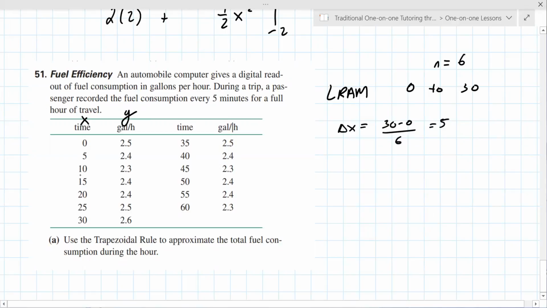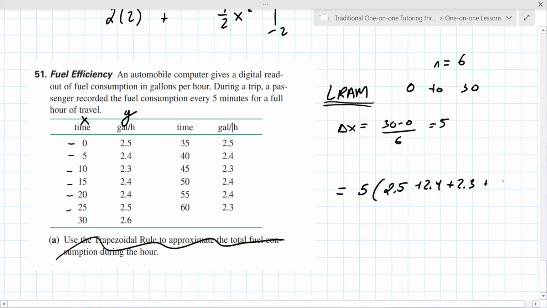And that syncs up really nice to this. We're not doing trapezoidal rule. We'll do LRAM. So for LRAM, you're going to use these ones here. And since you need 6 rectangles, 1, 2, 3, 4, 5, 6, your LRAM is going to be delta X, 5, times the Y values: 2.5 plus 2.4 plus 2.3 plus all the way up to 2.5.